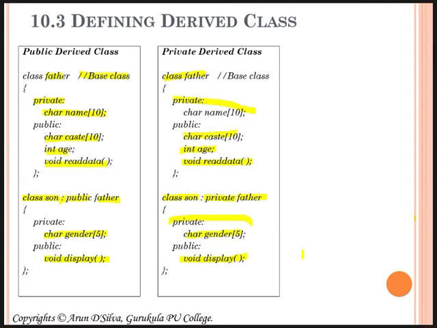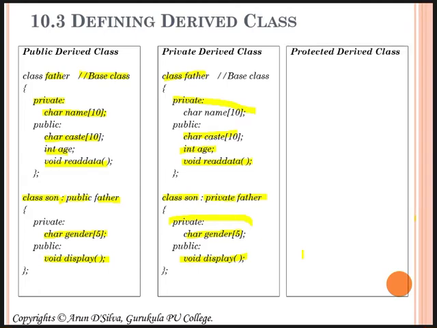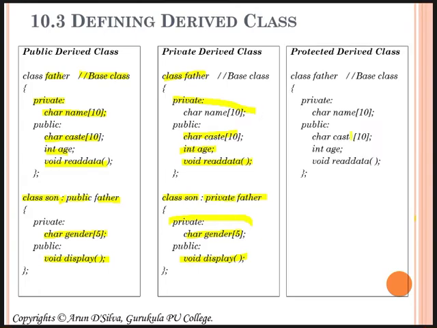Okay, similar way, the protected derived class. The base class is the same: 3 member data, one in the private section and 2 in the public section, and in the public section the readdata member function.